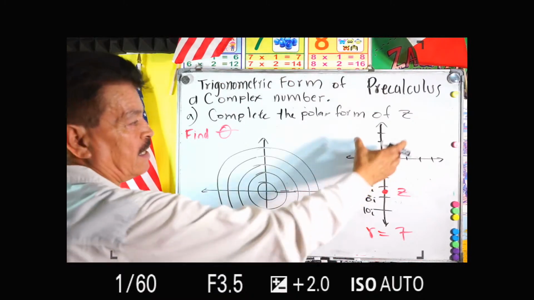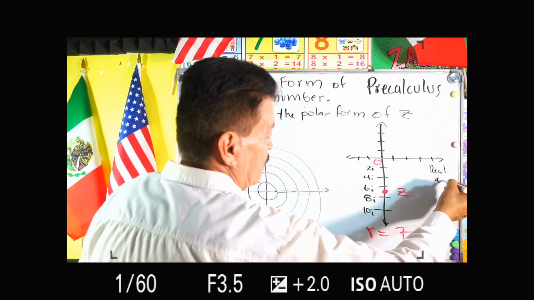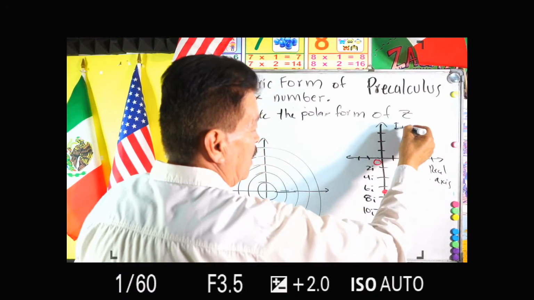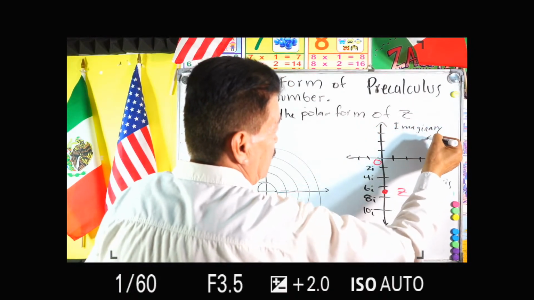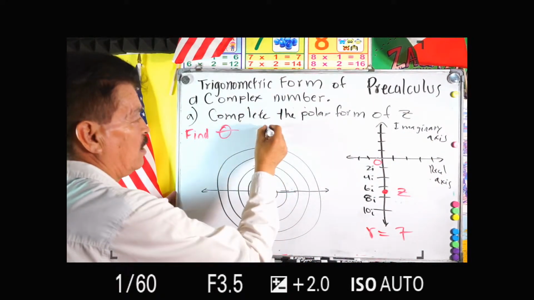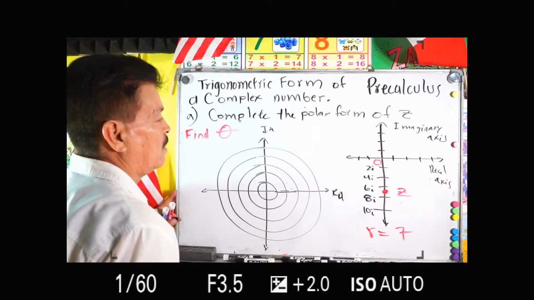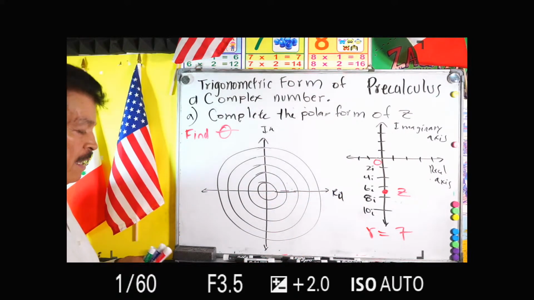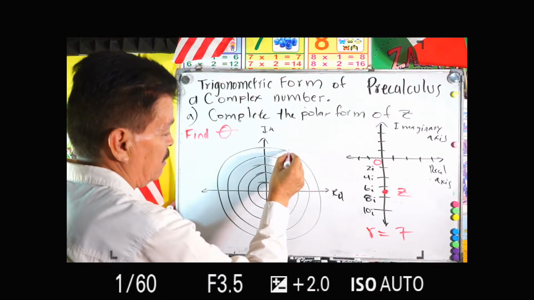It is the same graph here. This is the real axis, and this is the imaginary axis. Also, we have some of those lines right here.